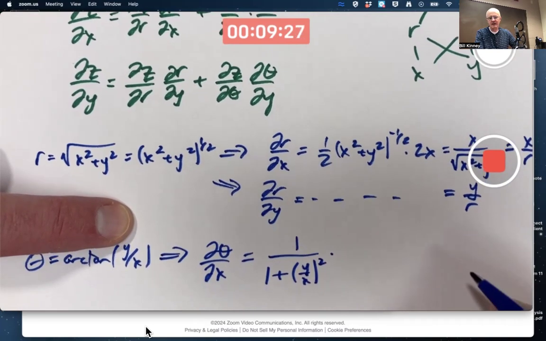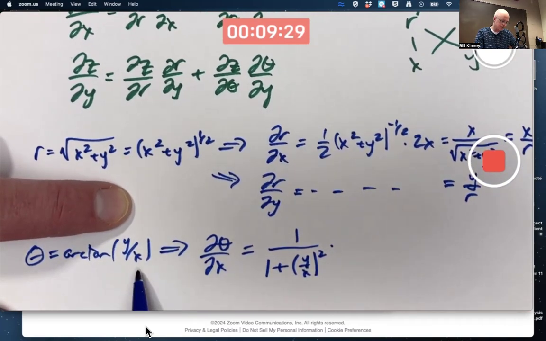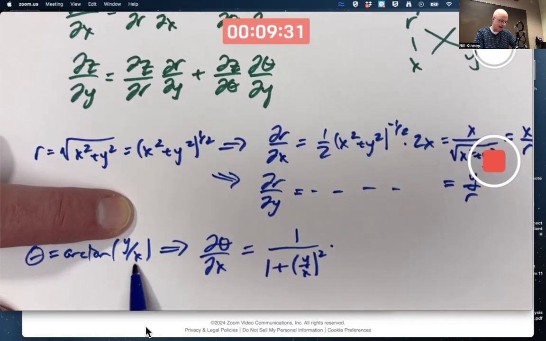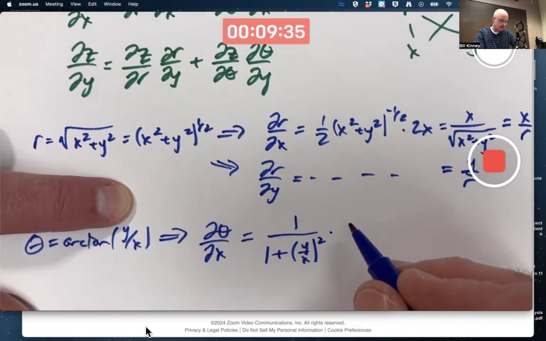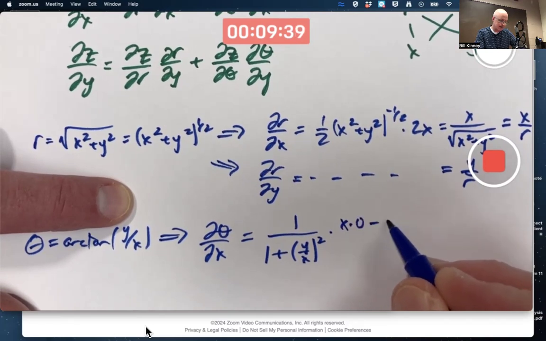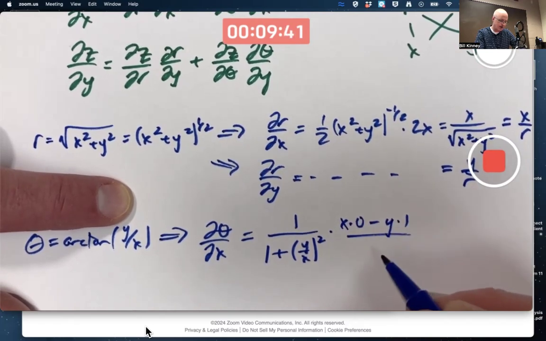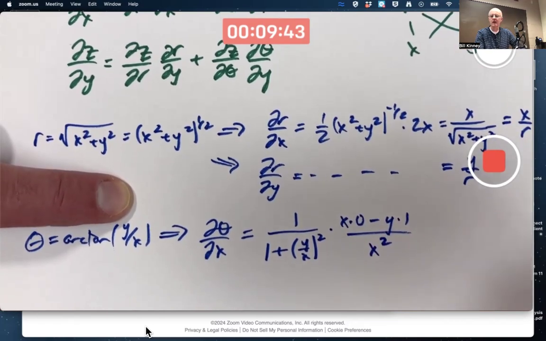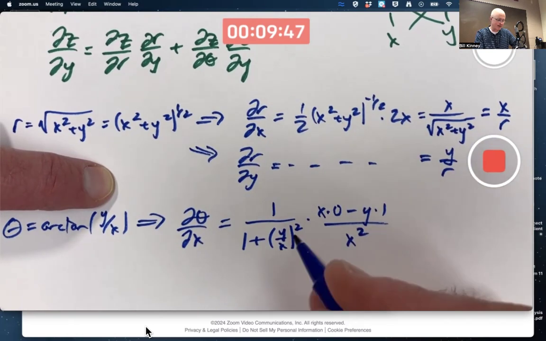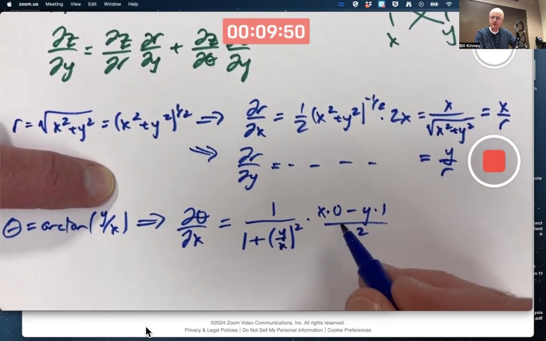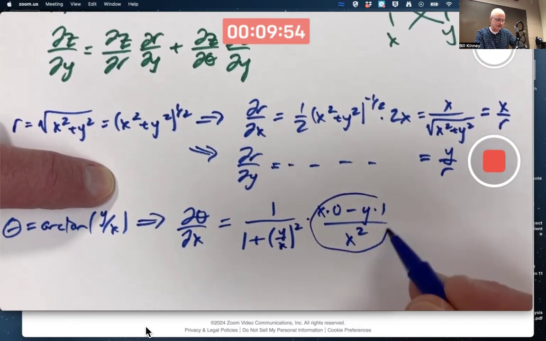But then from the chain rule, I need to multiply that times the derivative of y over x with respect to x. Use the quotient rule: low d high minus high d low, differentiating with respect to x, over the square of what's below. I'm not assuming y is a function of x, so its derivative with respect to x is 0. This simplifies to negative y over x squared.